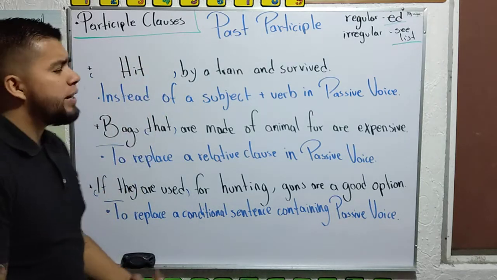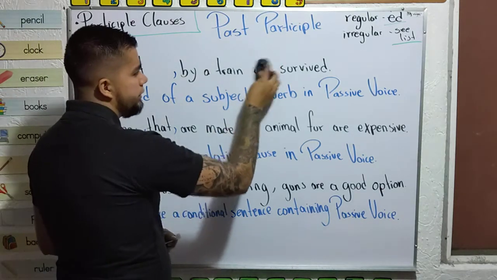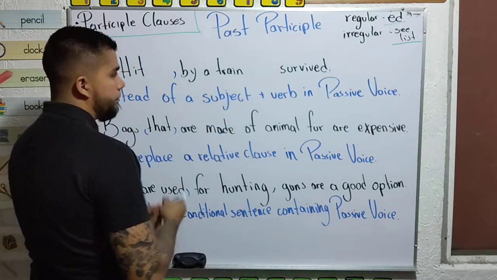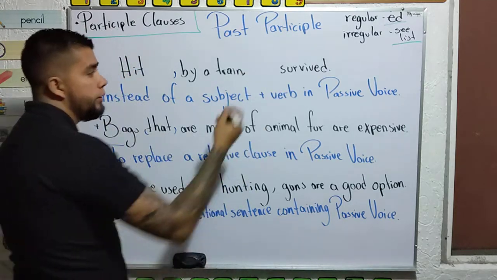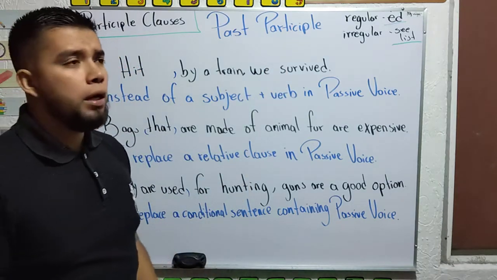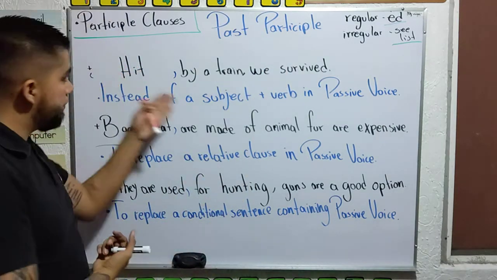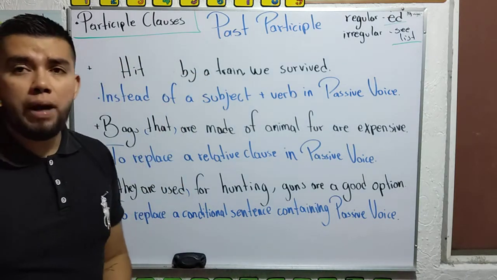So, hit by a train. Now, I'm going to modify this sentence a little. I'm going to erase and, comma, and I'm going to include the object of the sentence, sorry. Hit by a train, we survived.